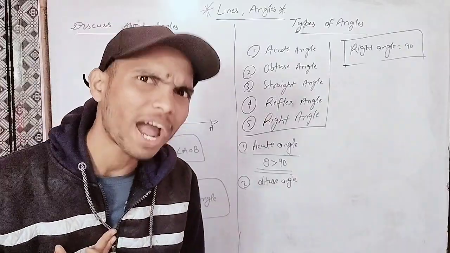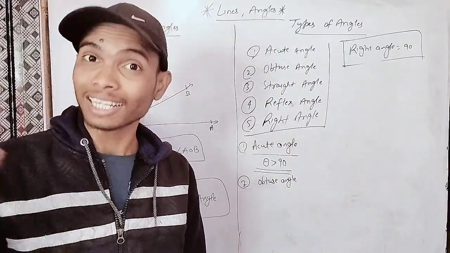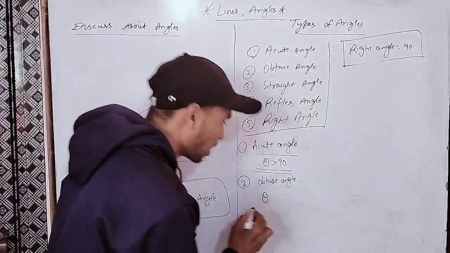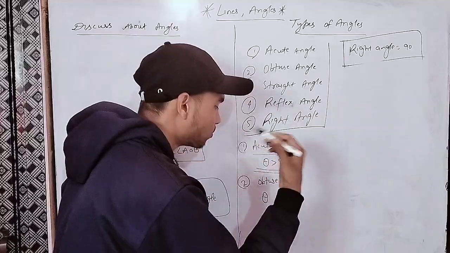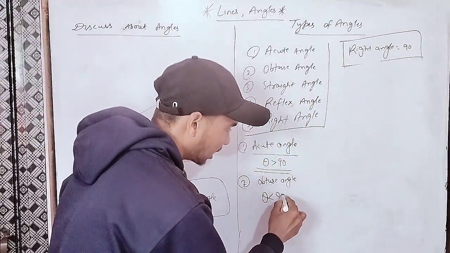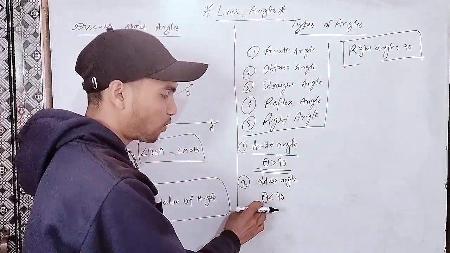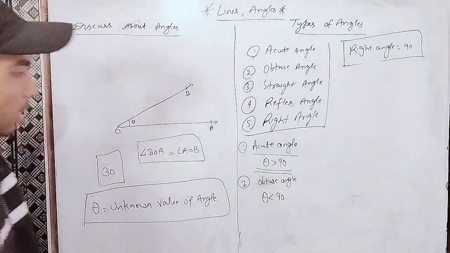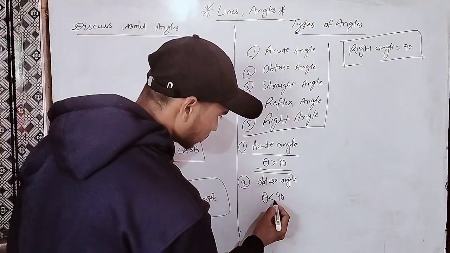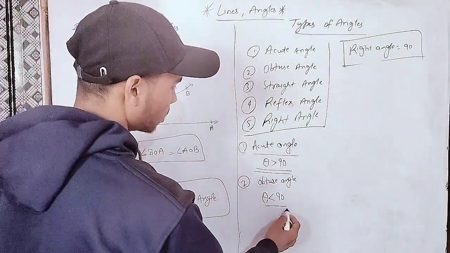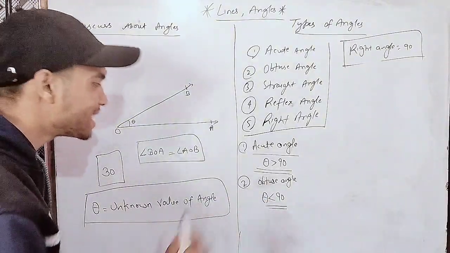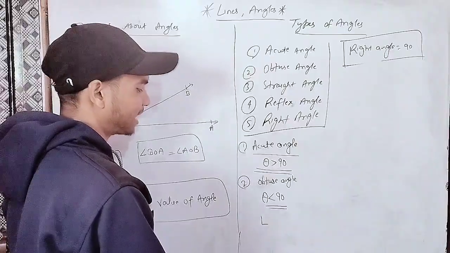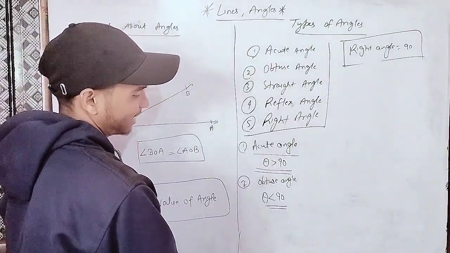We will have a value of angle bigger than a right angle. So this is an obtuse angle, and it is more than 90 degrees. The value of theta is more than 90 degrees. This is the explanation of obtuse angle. Clear? This is a way to represent a 90 degree angle.